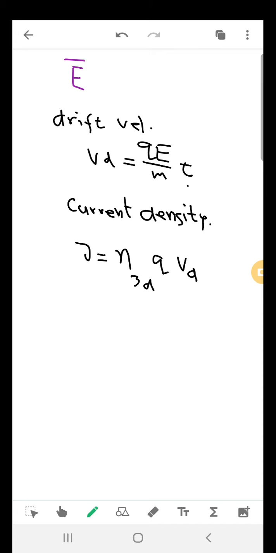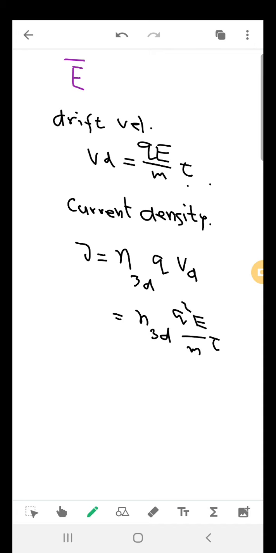We put the value of Vd here, so it turns out to be J equal to n3D q squared E τ by m.